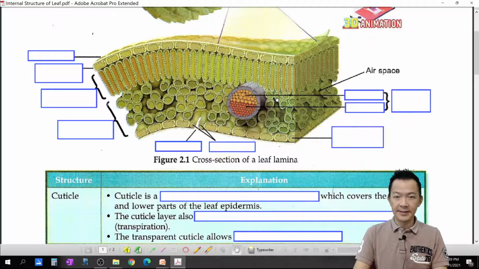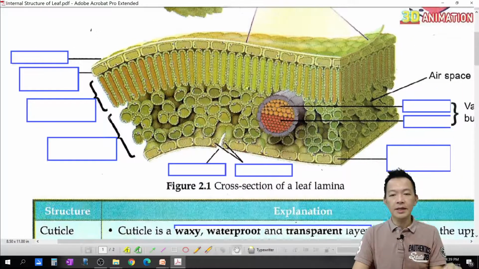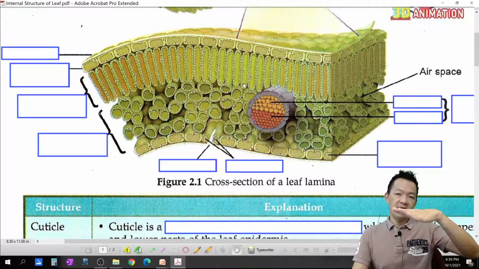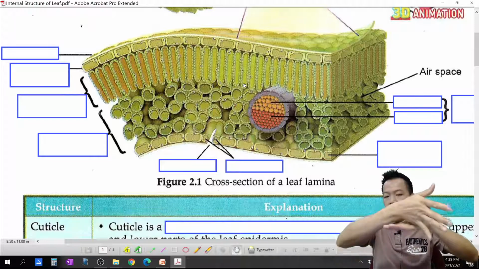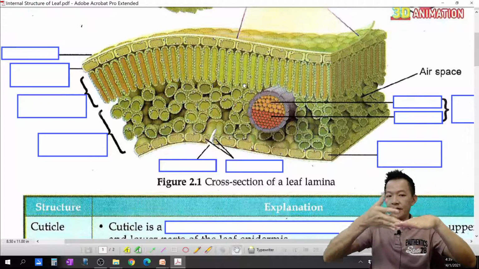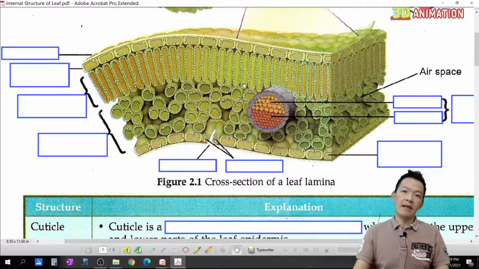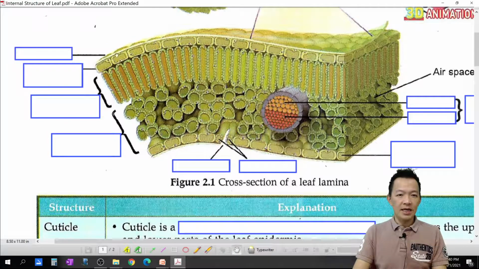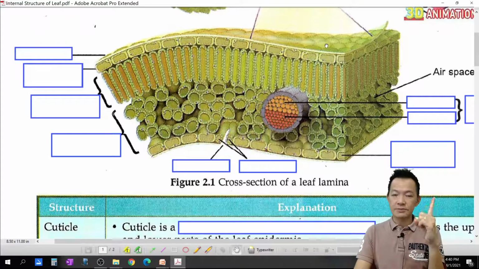So they say this is a piece of leaf and this is the lamina. And now we cut the lamina in this way. Okay, and this is a cross section of the lamina. What is this? A transparent layer, waxy, waterproof, and this is a layer that we call cuticle.